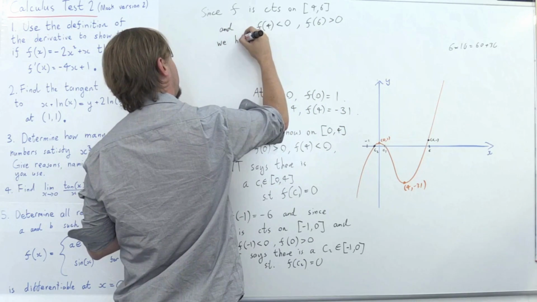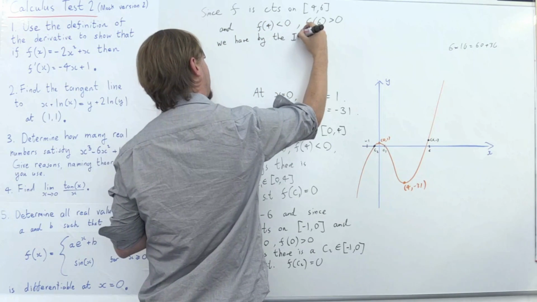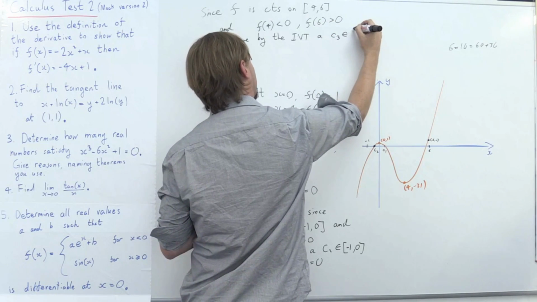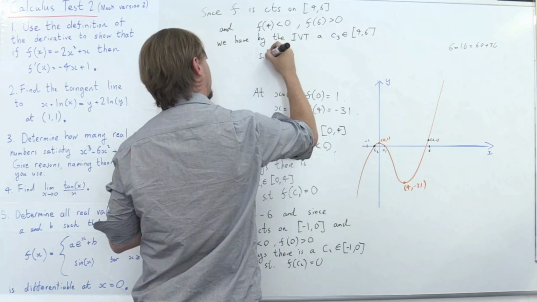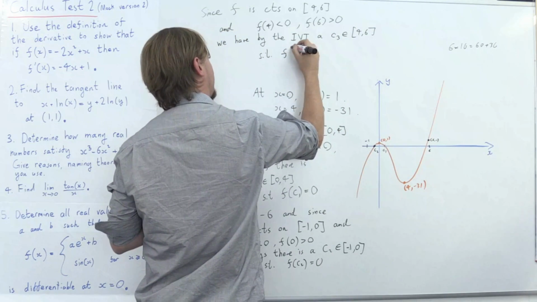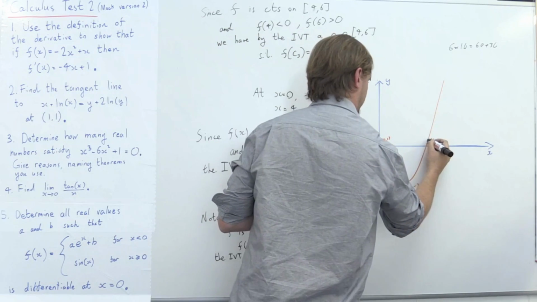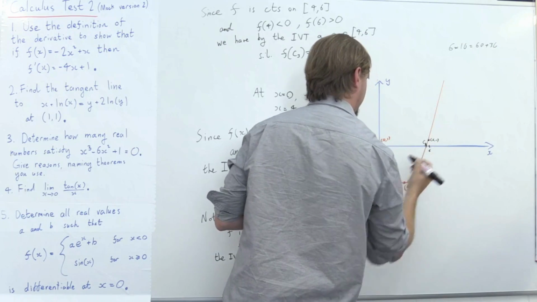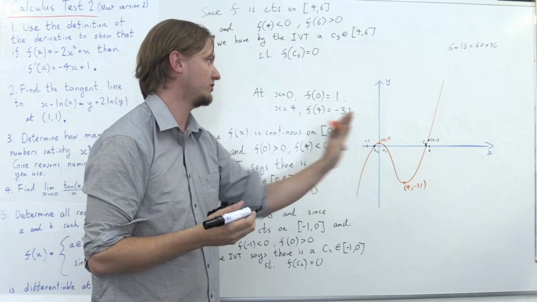We have, by the intermediate value theorem, a c3 inside (4, 6) such that f of c3 equals 0. So there's another number here, c3. I can't tell you much about them at the moment, except that it's between -1 and 0, 0 and 4, and 4 and 6.